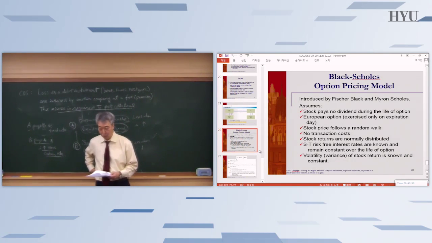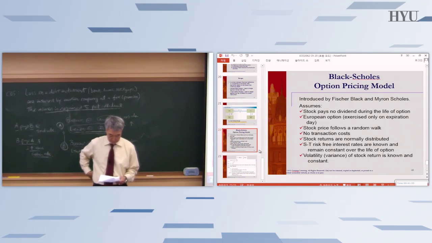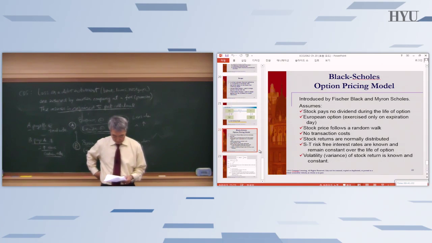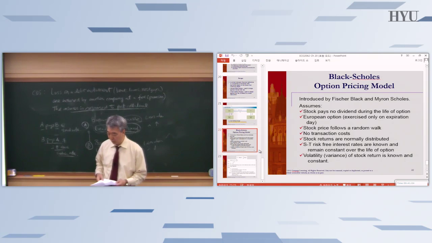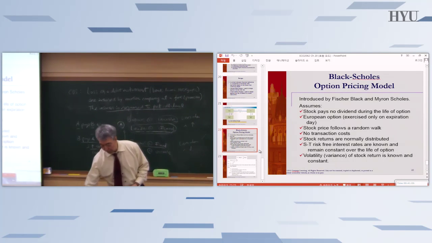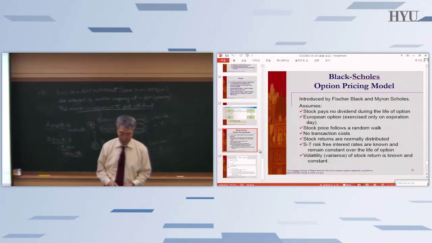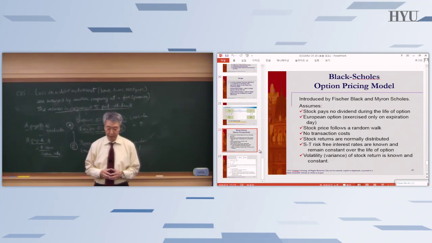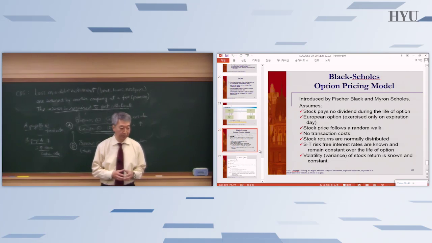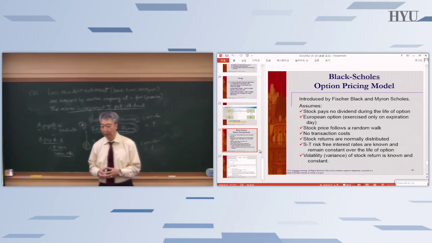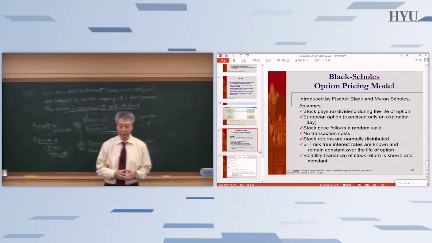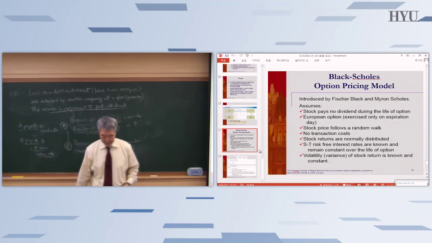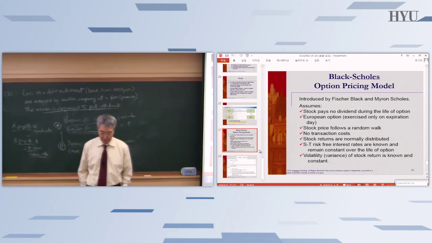I want you to get these prices so you can compare them to the Black-Scholes price and see what happens. You calculate the option price based on the Black-Scholes method, and you compare that estimate to the actual option price.